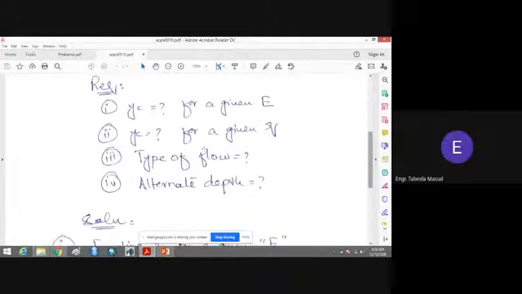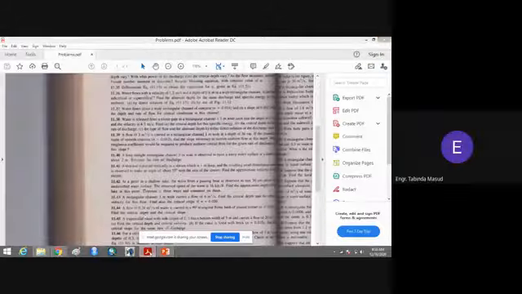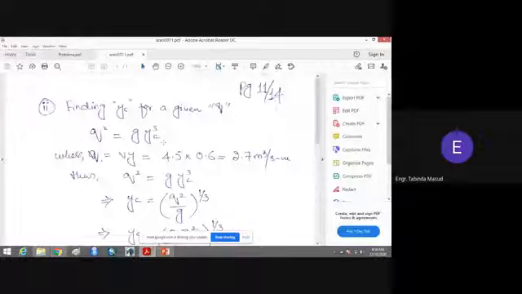Next, we will find the value of yc for a given discharge. So first of all, we will find the unit discharge. Unit discharge is equal to V into Y. V is 4.5, Y is 0.6.